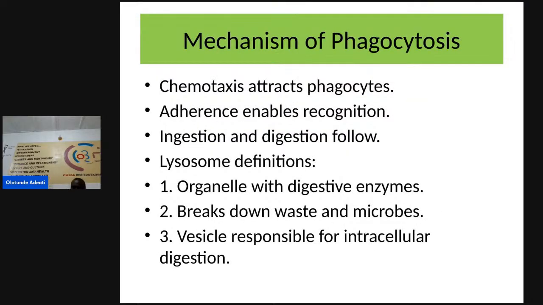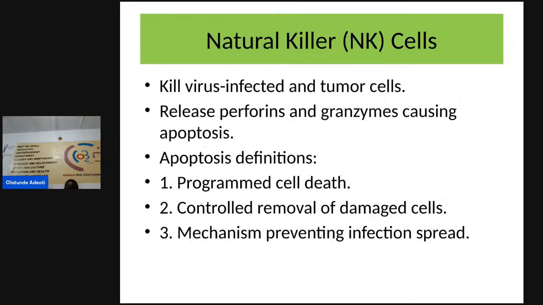Just like I said, the mechanism of phagocytosis: chemotactic ability to attract phagocytes, then adherence, which enables recognition of the foreign body, followed by ingestion and digestion, and so on.